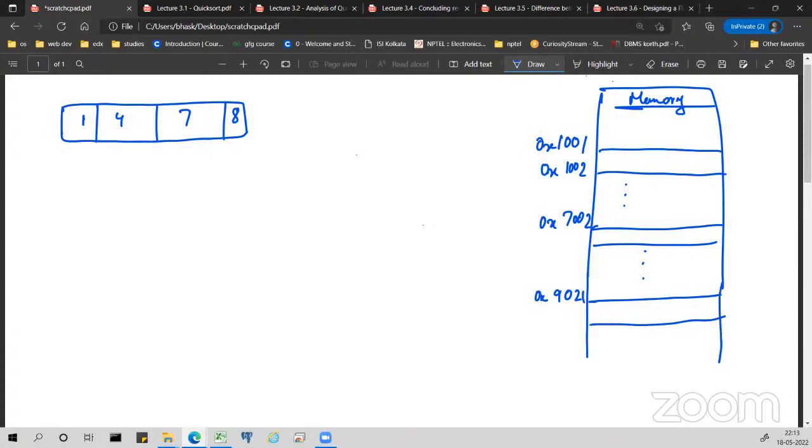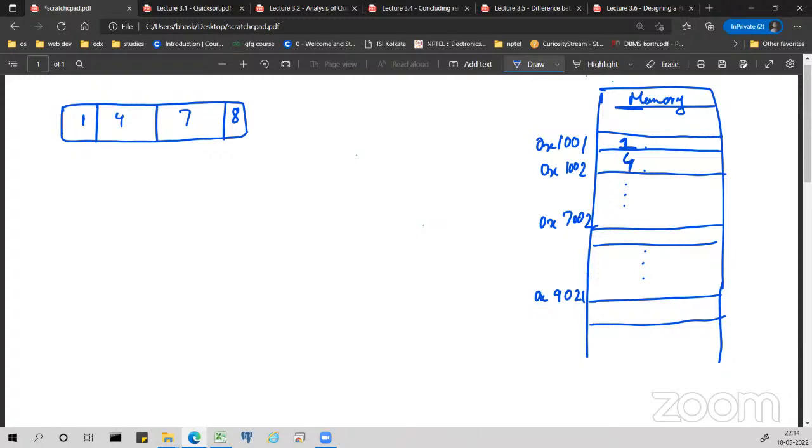Now, 1, 4, 7, 8 is there in the list, right? So let's say 1 is stored over here, 4 is stored over here. One important point is I'm considering each of these values as storing a single byte of data, which is not really the case, but for ease of understanding I'm considering a single byte, and that's why 1 is stored in 1001 and 4 is stored in 1002.